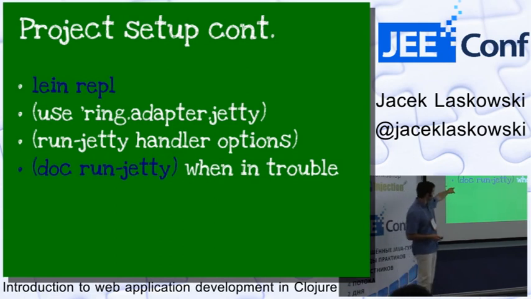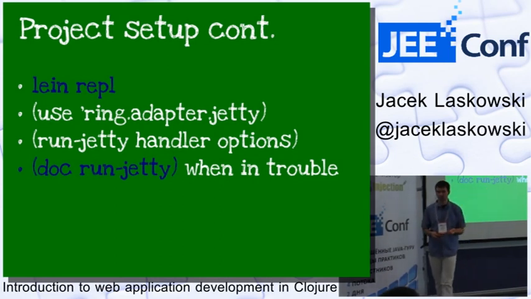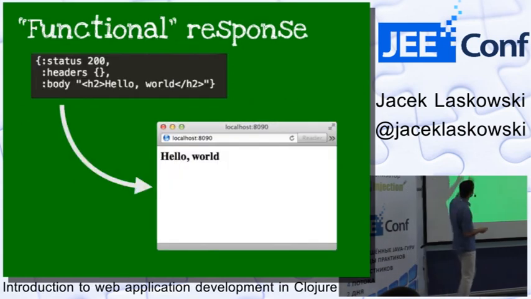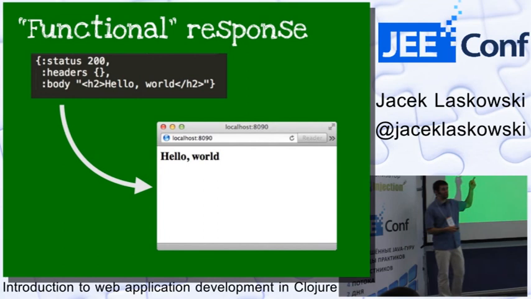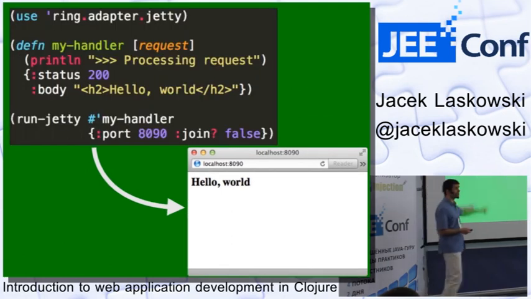And doc run jetty is the way to find out more about this function that eventually starts a server and gives you a nice response. So a functional response is like this: status 200, headers. If you need more headers, you define headers and body. It was that simple.